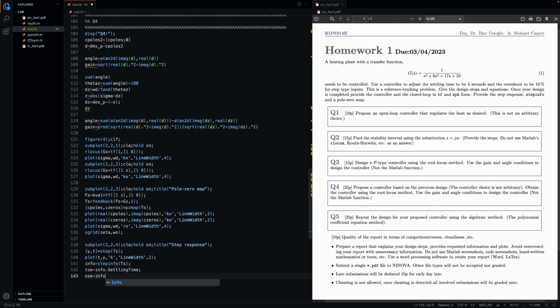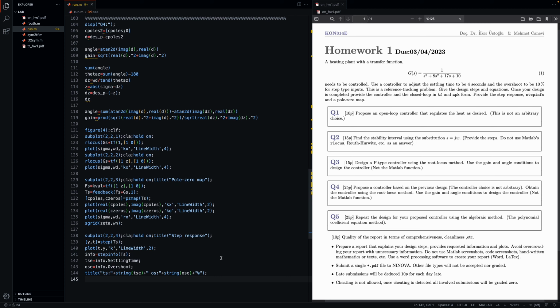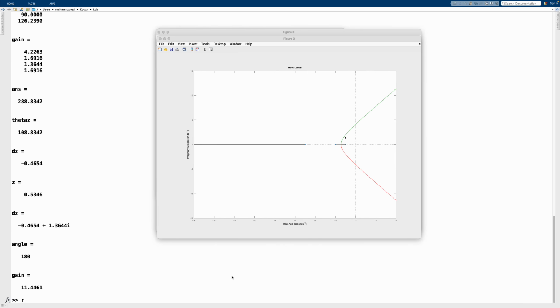OSE is going to be info dot overshoot, and then let's alter the title here. Let's say TS plus string TS, and then OS plus string OS plus percentage. So yeah, this should do it basically. Let's run it.